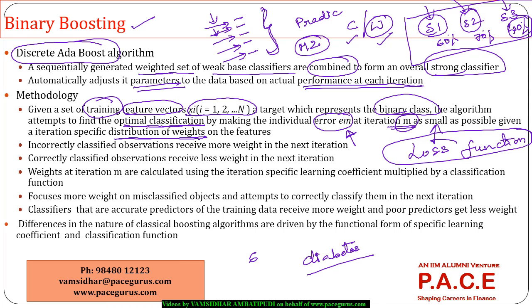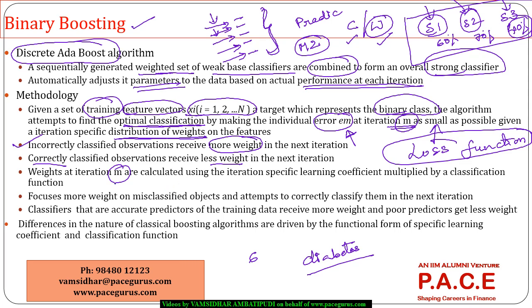It keeps repeating the process in such a way that the individual error at each of the iterations typically goes to the lowest or smallest extent possible. And in the process, those observations which are incorrectly classified receive more weight in the next iteration, and the individuals which are correctly classified receive less weight in the next iteration.